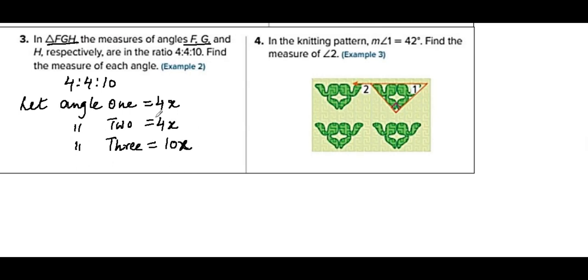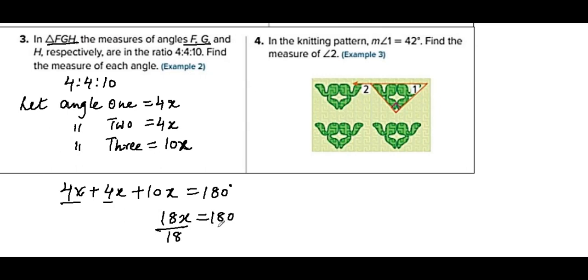Add all the angles: 4x plus 4x plus 10x is 180 degrees, because the sum of all the angles in a triangle is 180 degrees. 4 plus 4 is 8, 8 plus 10 is 18. 18x is equal to 180, so x is 180 divided by 18, which is 10. So x is coming 10.